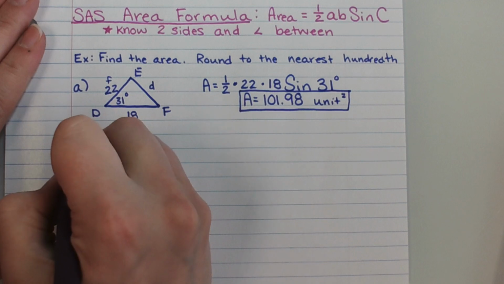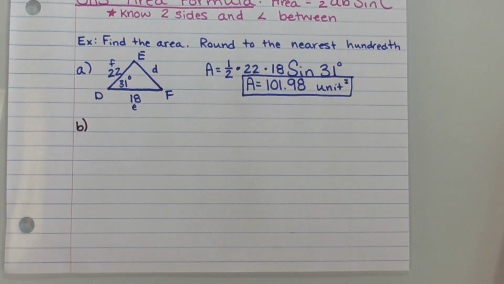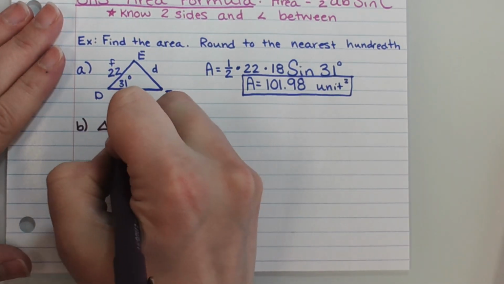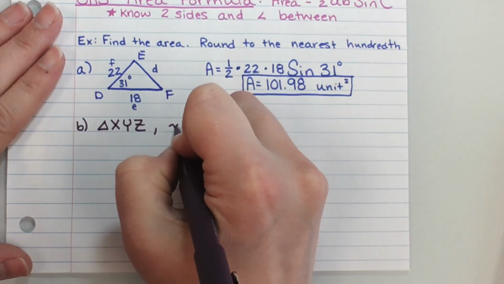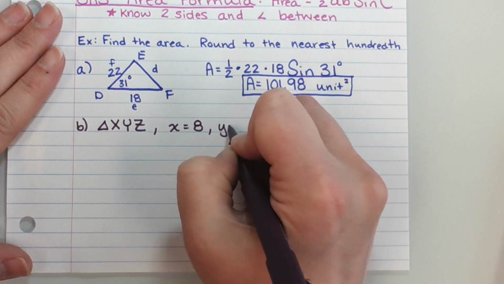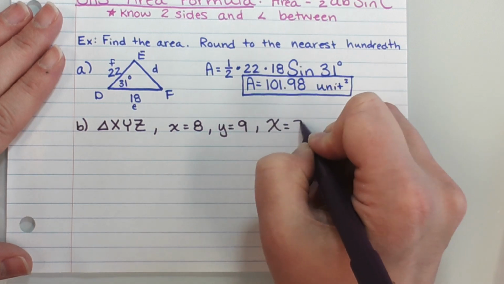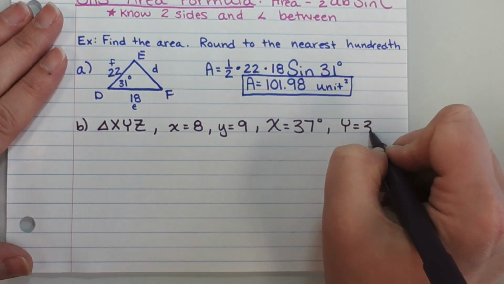Sometimes, when they give you these problems, they will not give you a picture. They'll give you a description of a triangle. They'll tell you something like it's triangle XYZ with x equal to 8, y equal to 9, big X equal to 37 degrees, and big Y equal to 39 degrees.